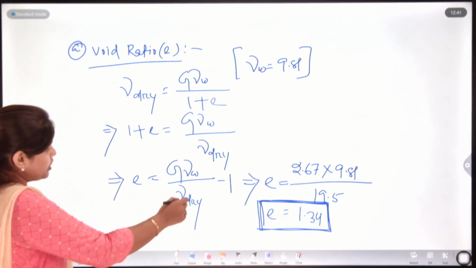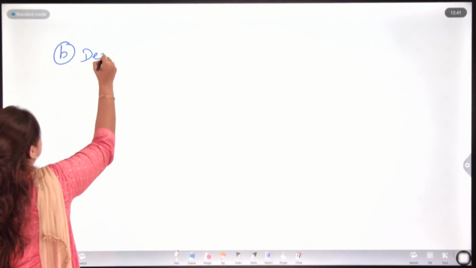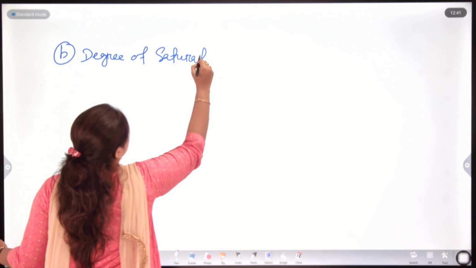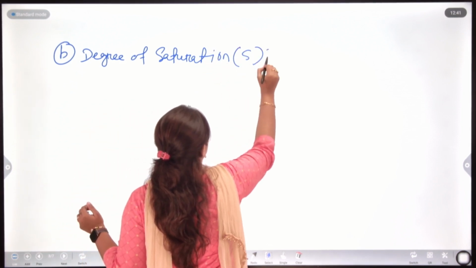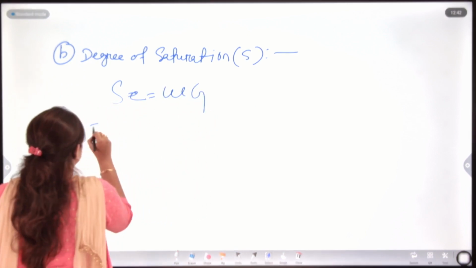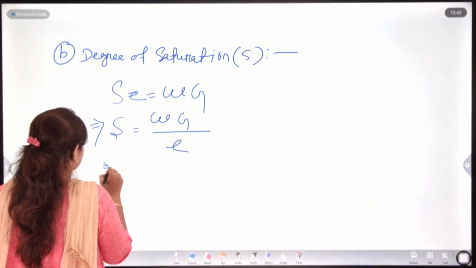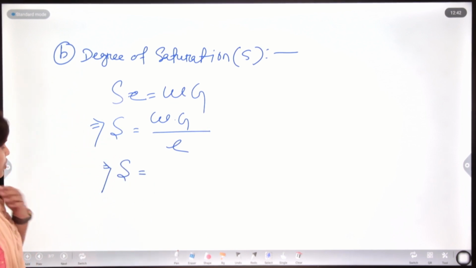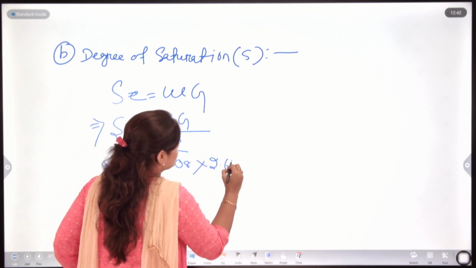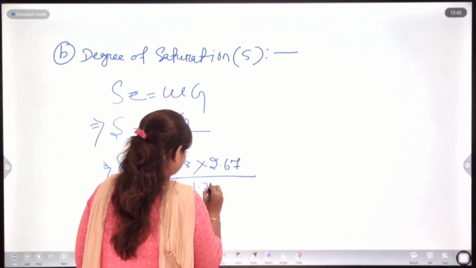So, e is our 1.34. Se is your w into G. So, S will be w into G upon e. S will be w, which is 0.08, into G, which is 2.67, upon e, which is 1.34.